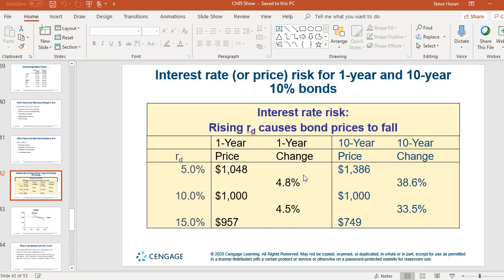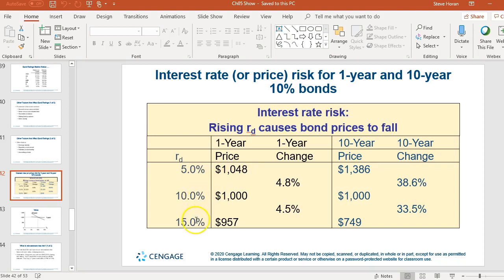Okay. And this just shows us how interest rate risk kind of dovetails with maturity. If I'm looking at just a 1 year maturity, interest rates changing don't affect bond price a lot. So let's just say I've got a bond with a 10% coupon. But let's say interest rates fall to 5%, the bond price only goes up by $48.